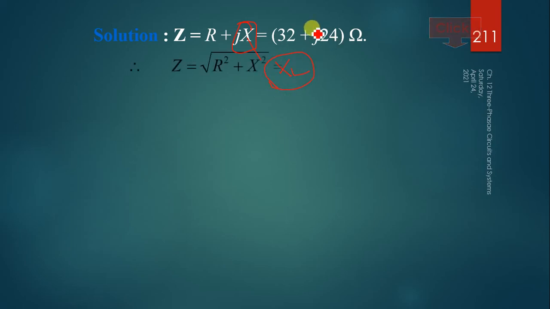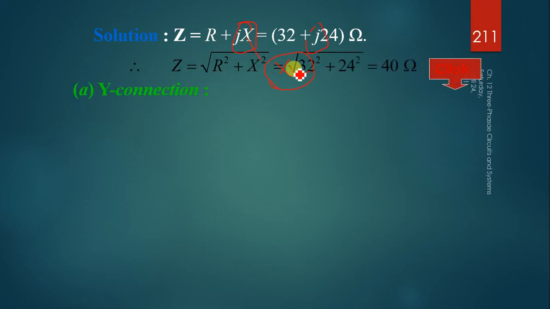How to remove this j? j can be removed by squaring individually and rooting. So that is the square root of 32 squared plus 24 squared. What is the value? What is 32 squared? 1024, plus what is 24 squared? 576.